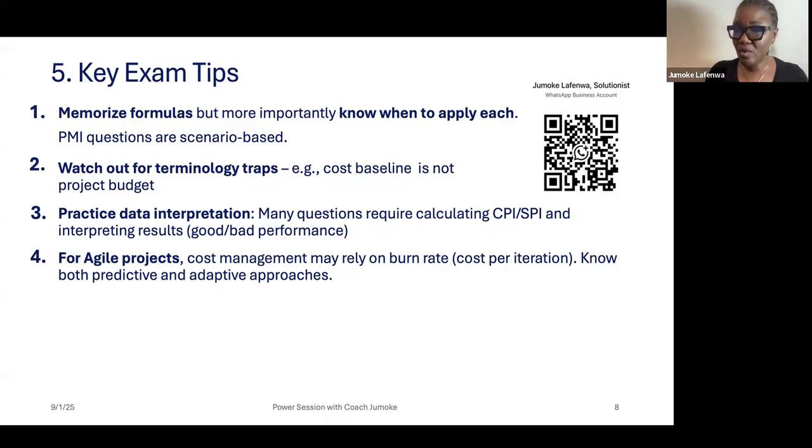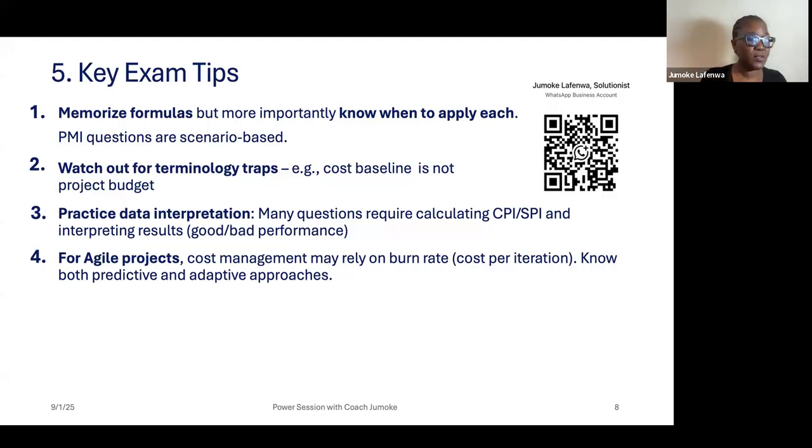For adaptive, when they pick whatever they need to do from the product backlog, estimation is done only for the iteration. So what they will pay the team members, if it is hourly rate, daily rate, weekly rate, and other overhead, is for the iteration only.